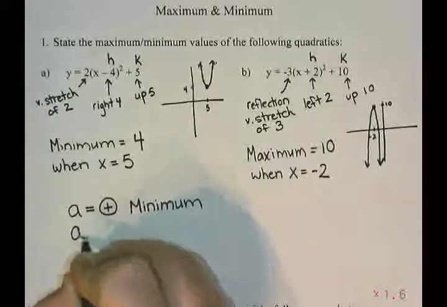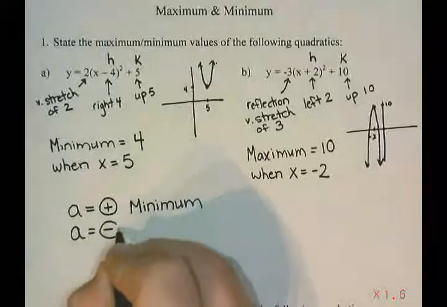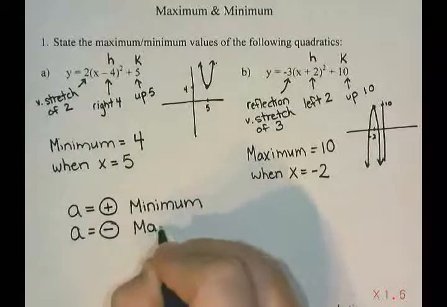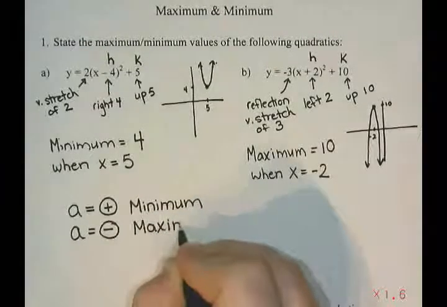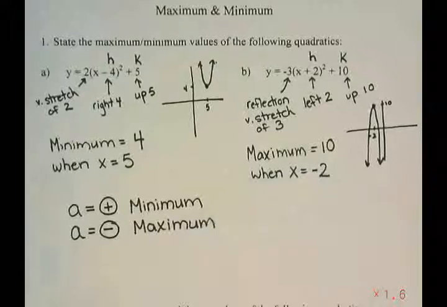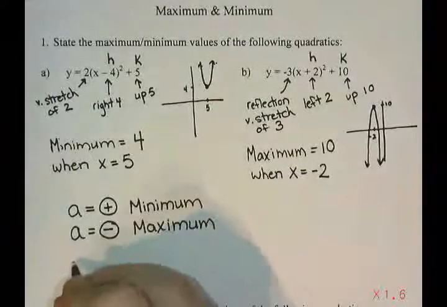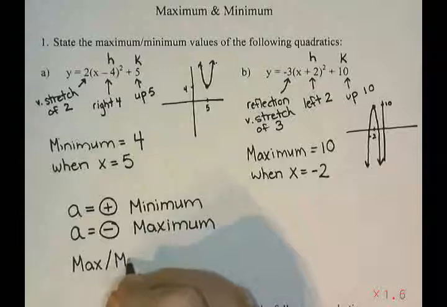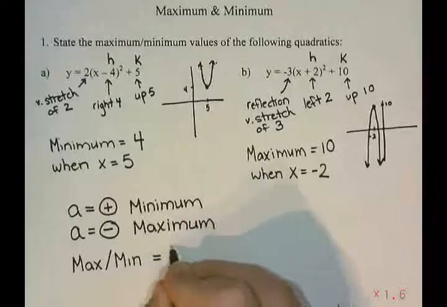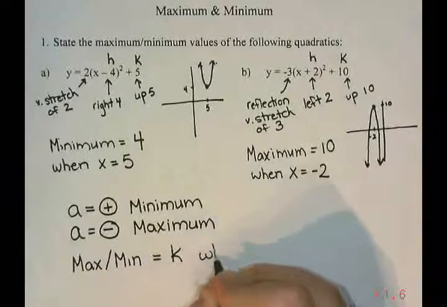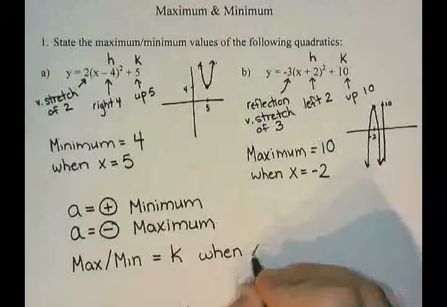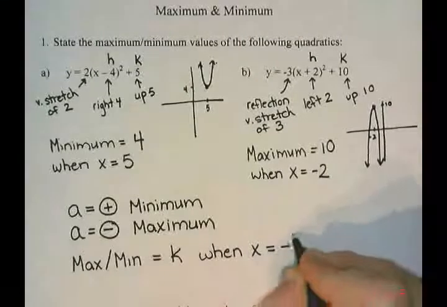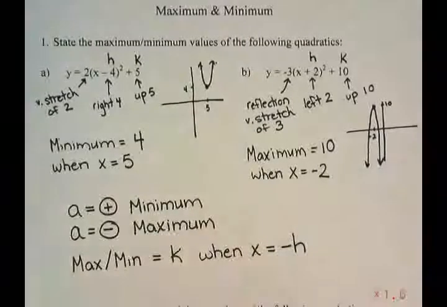If a is negative, it's a maximum. And I'm just going to make a note that either our max or our min equals our k value when x equals the opposite, or negative h.